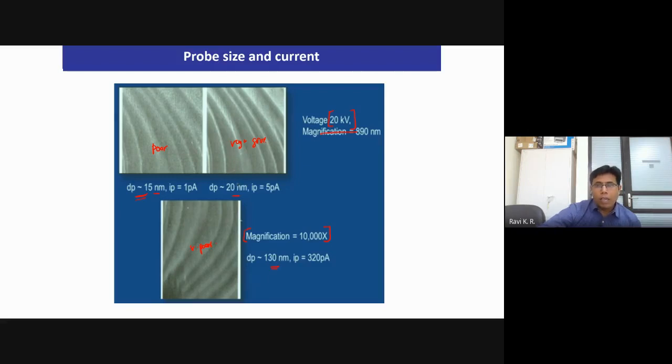But again, by increasing further, you are losing that resolution. We are also changing the probe current. IP is the probe current. This is also increasing. Generally, whenever you increase this probe current, automatically the dP will increase. So that is what is happening here.